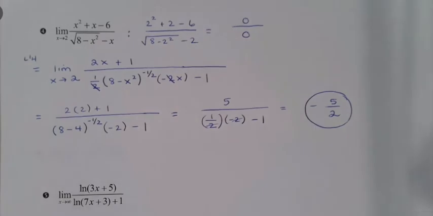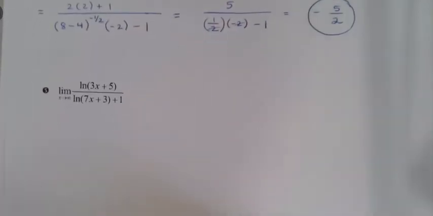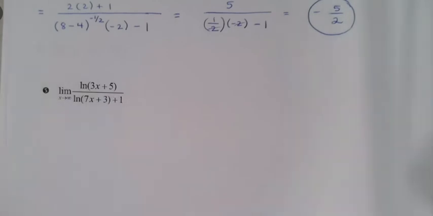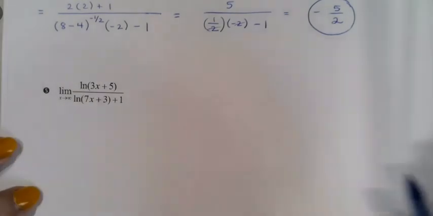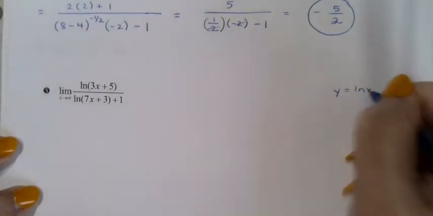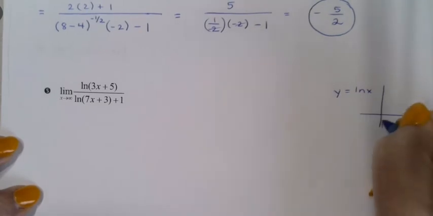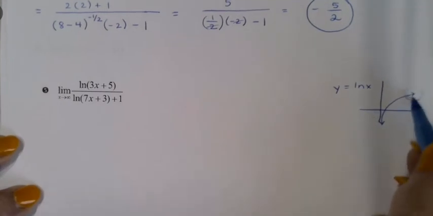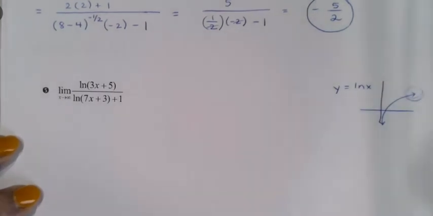All right, I've got one more example of these 0 over 0 and infinity minus infinity indeterminate forms right here. First of all, remember what the natural log graph looks like, right? If you don't remember, you can always graph one in your calculator. The natural log graph looks like that. Right, it goes up slowly, but it does keep going up as x goes to infinity.